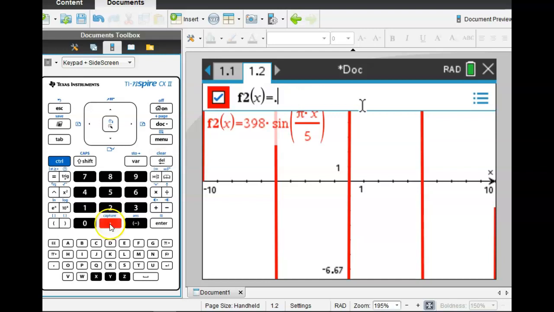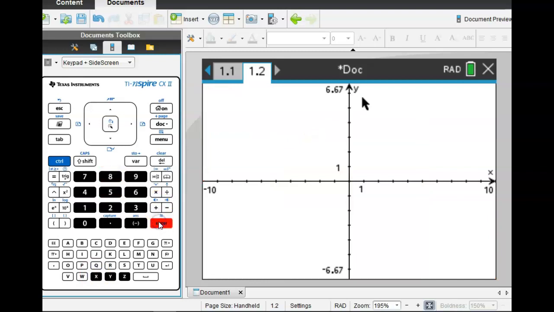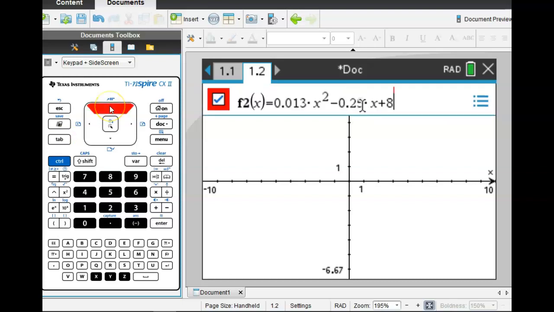And 3 x squared. Okay, and then you can always go back and double check your graph, double check your equations to make sure that they're correct.